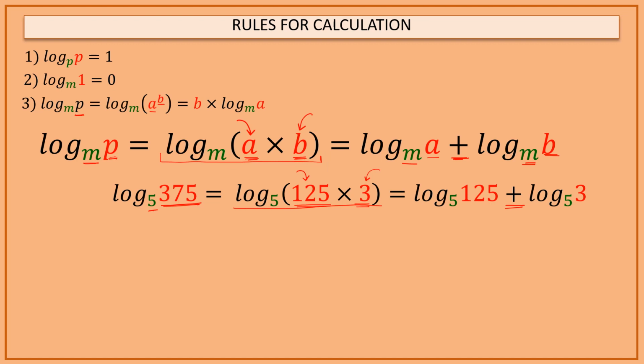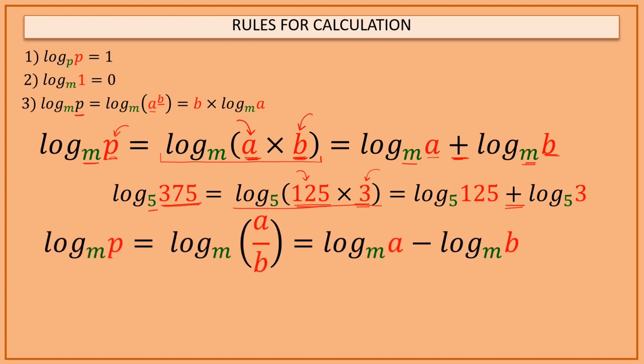This is how we will simplify any calculations involving logarithm where the given number can be broken down as multiples of two or more numbers. This can also be generalized for more numbers in the same manner.